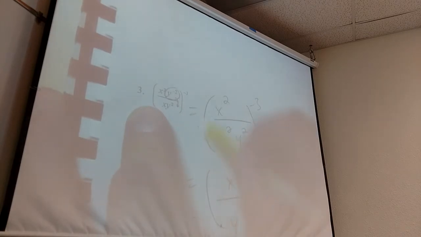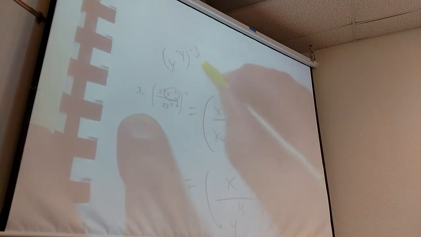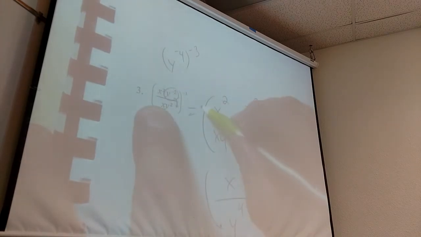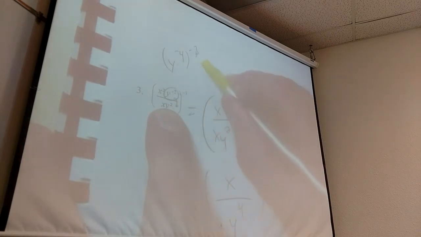So that would be y to the negative 4 inside, right? Forget about the x's for a second. Just focus on the y's. So y negative 2 over y squared. Negative 2 minus 2 is negative 4. What is y negative 4 to the negative 3? Y 12.